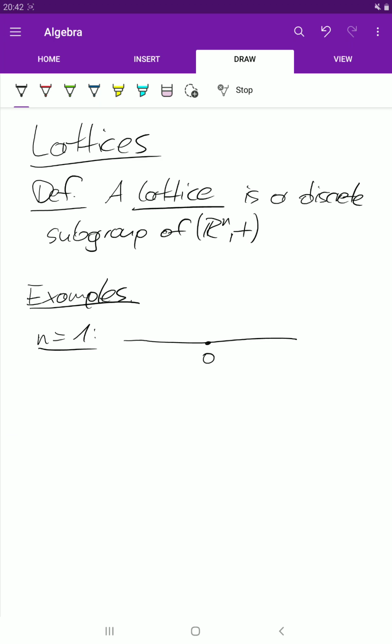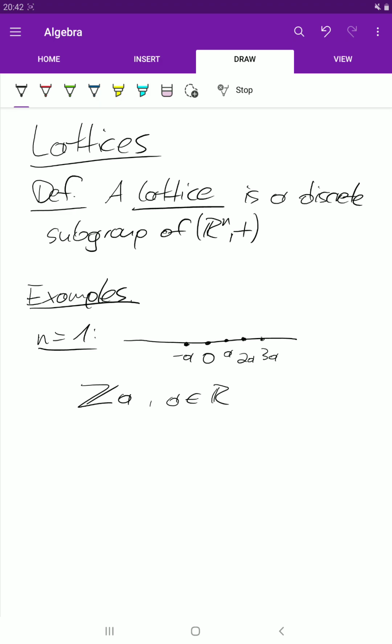Then we can take any point, let's say a, then we can take 2a, 3a, minus a, and so on. So we can take c times a for c an integer. That would be an example of a lattice in R.